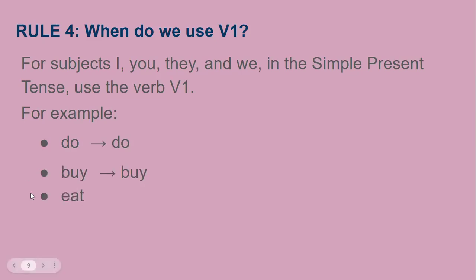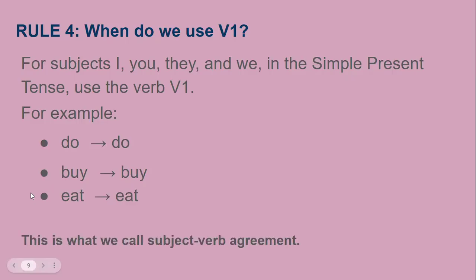This is also what we call subject-verb agreement. So it means if your subject is I, you, they, and we in the simple present tense, your verb doesn't change. Your verb remains in its infinitive original form. Perfect. So these are the 4 rules. Okay?